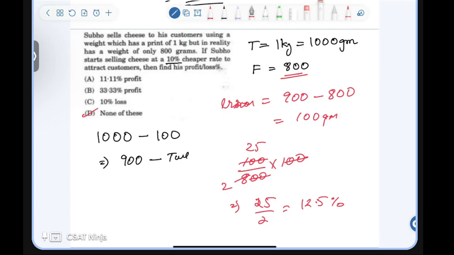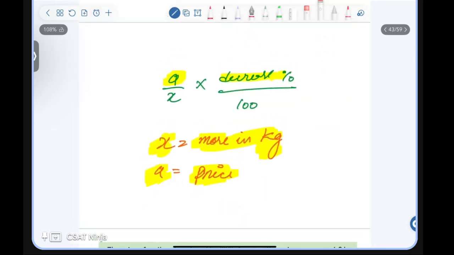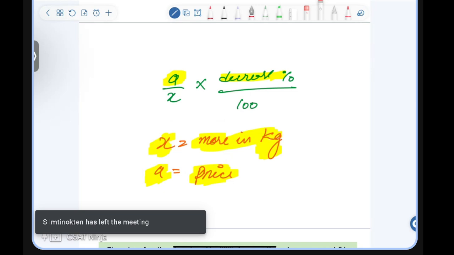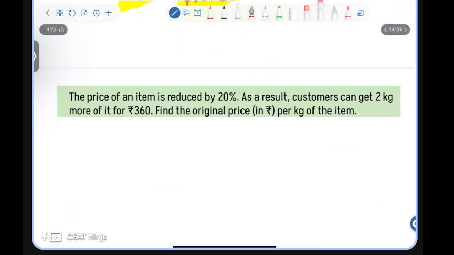Okay, let's move on to the next then. This is a type of question where an extra item is bought because of a decrease in price. I'll discuss the question, then I'll go to the formula. The price of an item is reduced by a certain percentage.